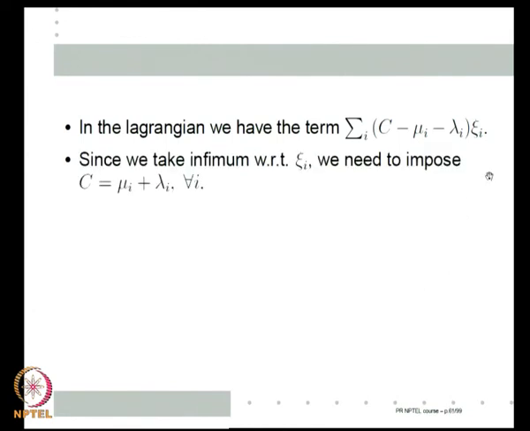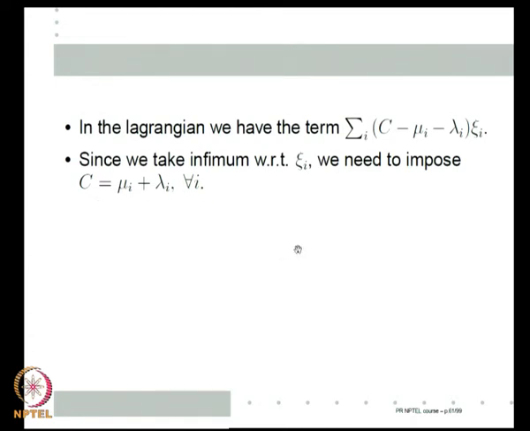Because we have this term, because you are taking the infimum with respect to Ji, unless we impose C equal to mu I plus lambda I, the infimum will be minus infinity, and we are not interested in that. So, once again we only need to look at mu and lambda such that C is equal to mu plus lambda.